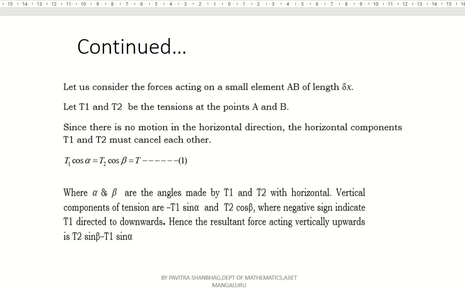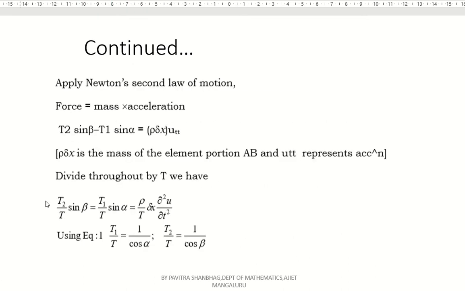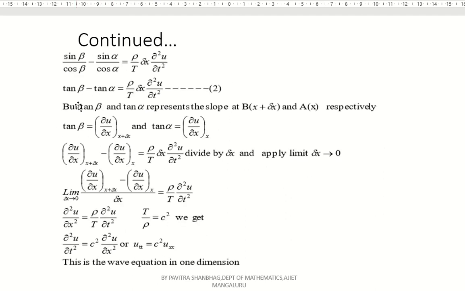See, here T1 by T gives 1 by cos alpha and T2 by T gives 1 by cos beta. Replace it back in this expression, so that what will we get? After dividing, you will get sin beta by cos beta minus sin alpha by cos alpha, right? Equal to rho by T delta x dou square u by dou t square.